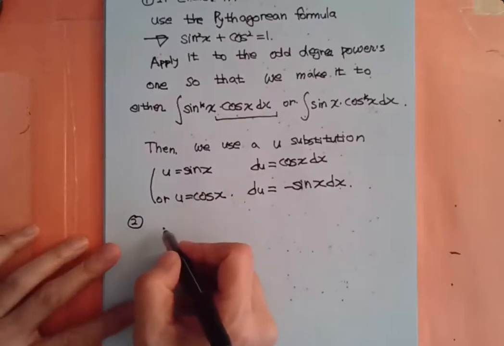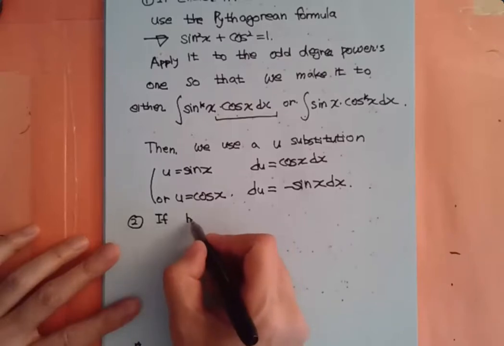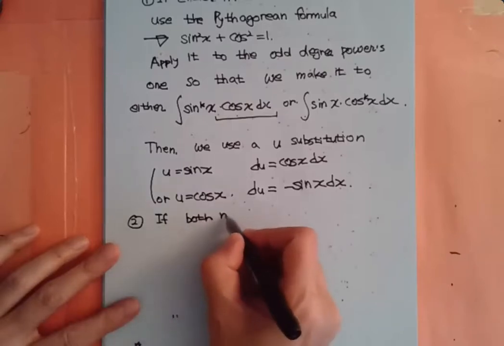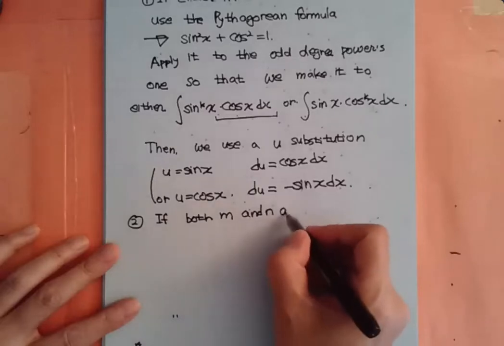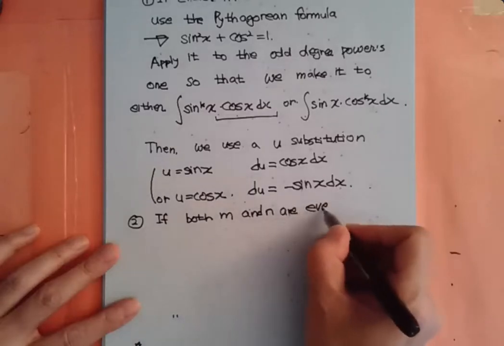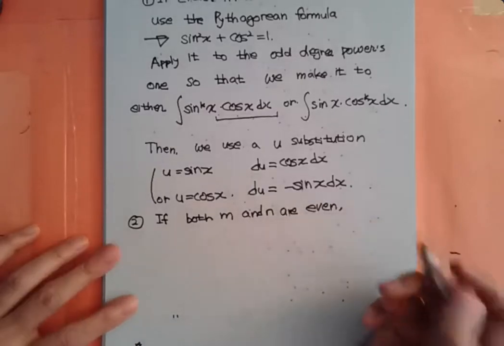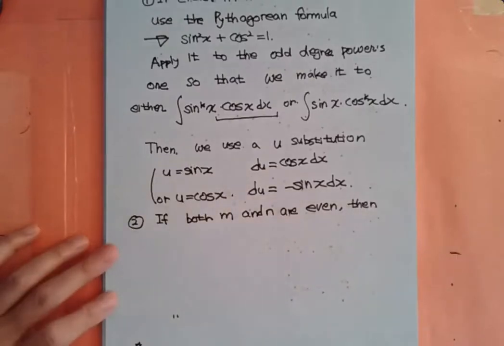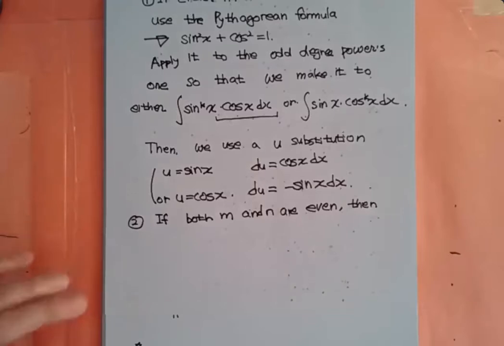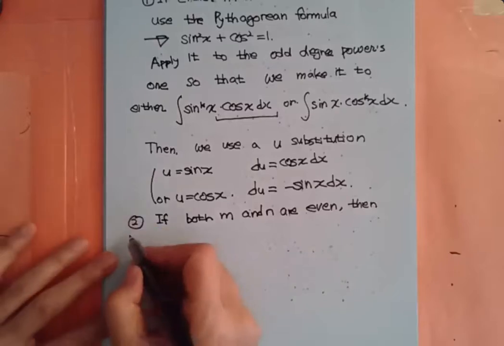When one of them is odd, that is the first case. If both m and n are even, the circumstance becomes a little more complicated. So our strategy will be lowering the degree by using the half angle formula.